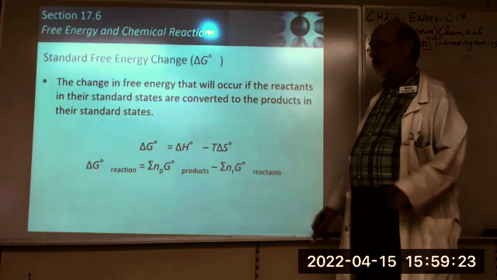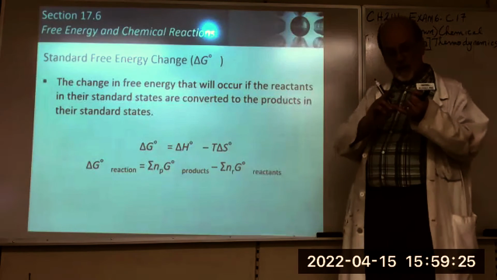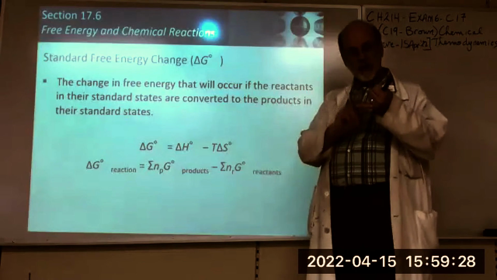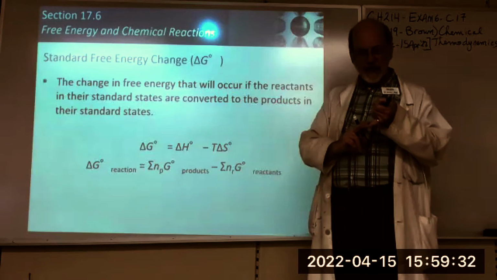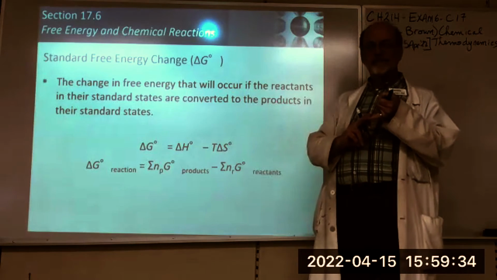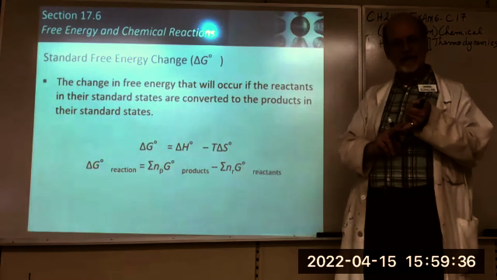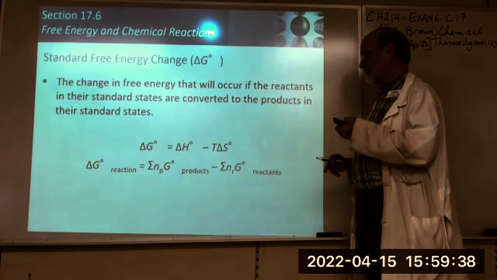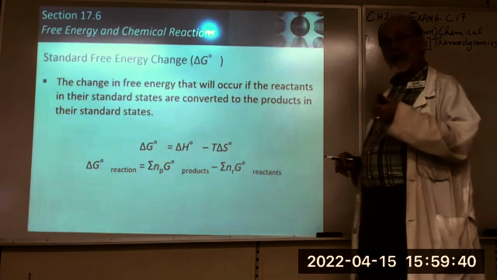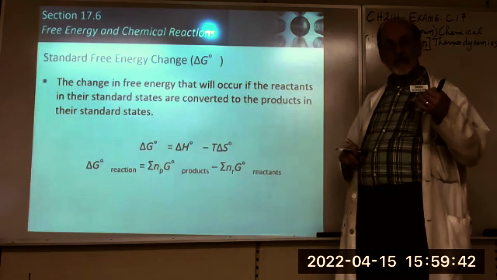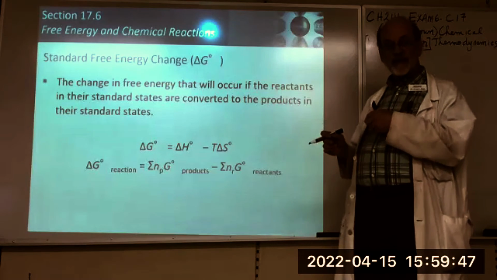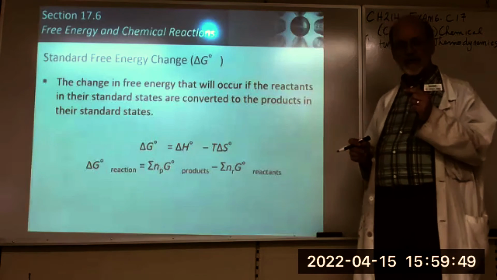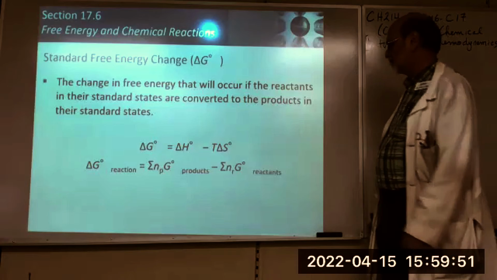Standard free energy change. We're still working at standard conditions, 1 atmosphere pressure, 25 degrees Celsius, which will be 298 K. And if there's a concentration involved, like an aqueous solution in our previous example, it would have to be at 1 molar concentration. Those are standard conditions.